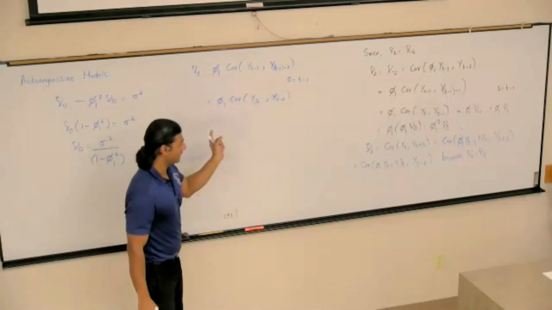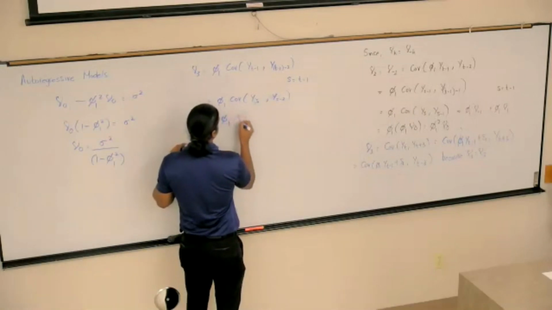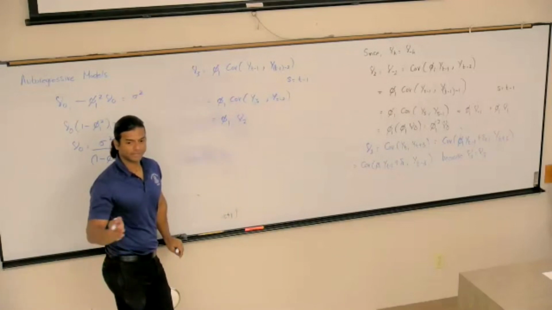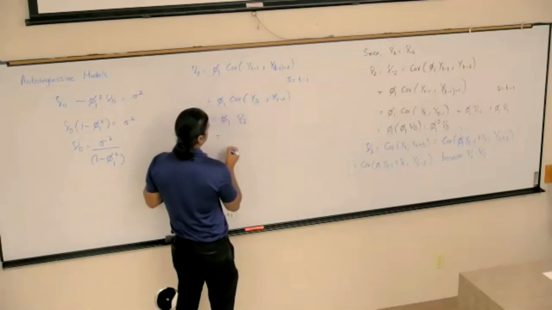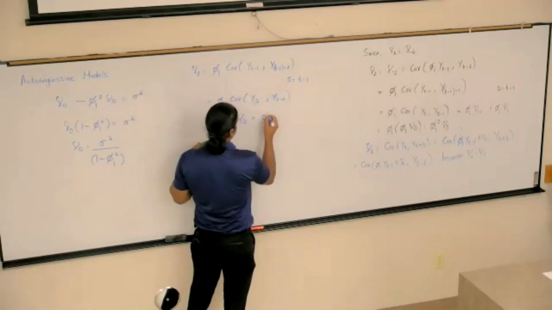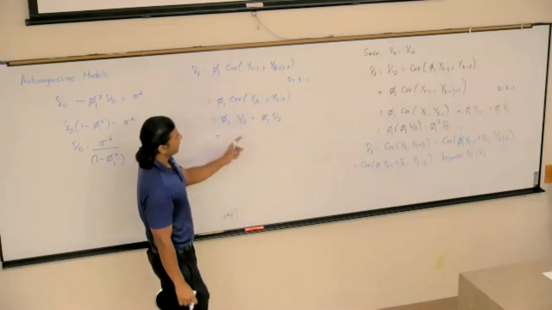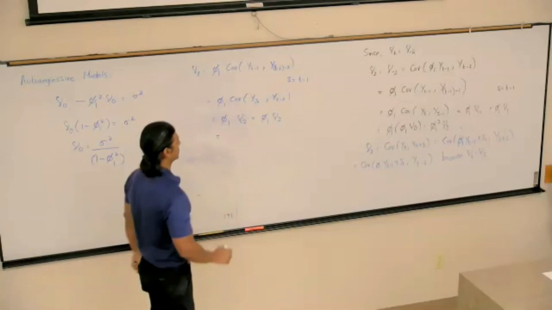The covariance is simply gamma 2. Correct? Or gamma minus 2. But gamma minus 2 is actually gamma 2. But we know gamma 2 is phi 1 squared gamma naught.